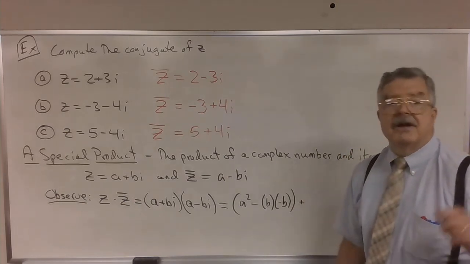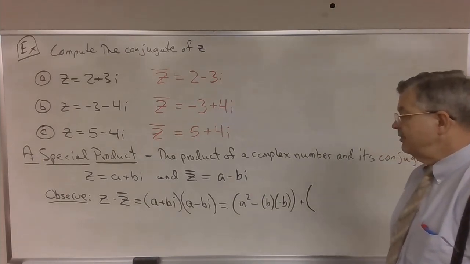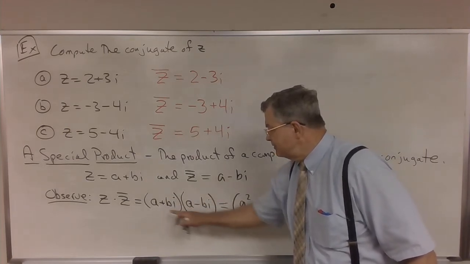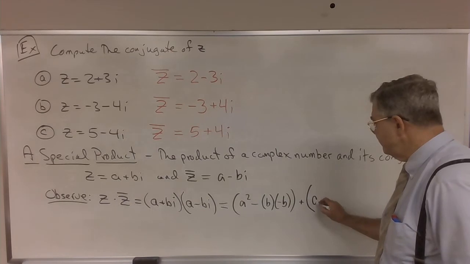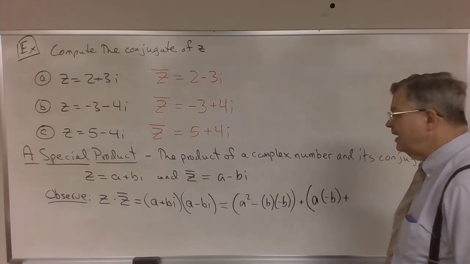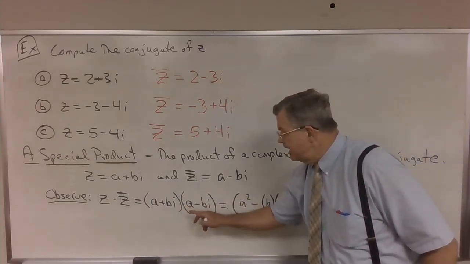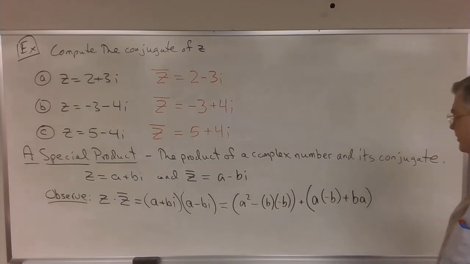And now we do the complex part. To do the complex part, we take the outers, a times negative b, plus the product of the inners, b times a, times i.